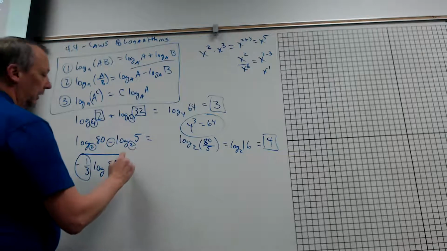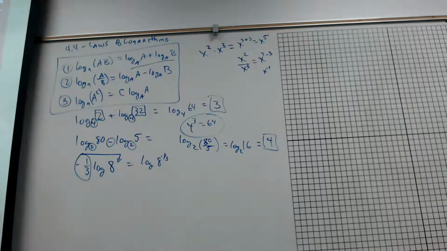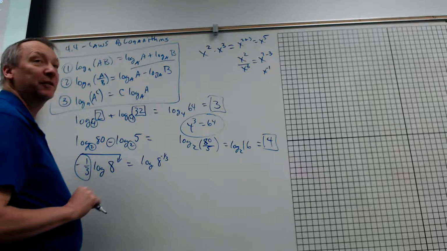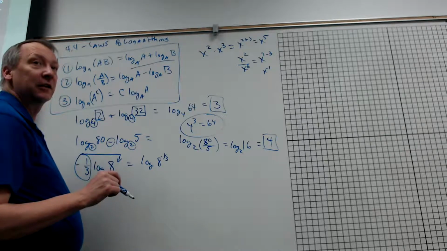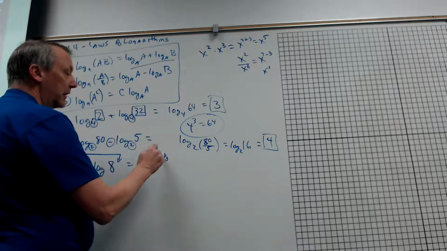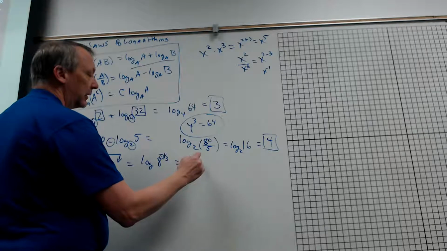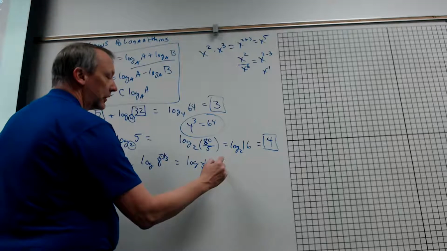Okay? So that becomes log of 8 to the minus 1/3 power, right? Yeah. And what's the minus 1/3 power? If it was the positive 1/3 power, it would be the cube root of 8, right? Yeah. What's the cube root of 8? 2. 2, okay? And the negative is going to put that 2 where? In the bottom here. So 1 over the cube root of 8, which is 1 over 2.